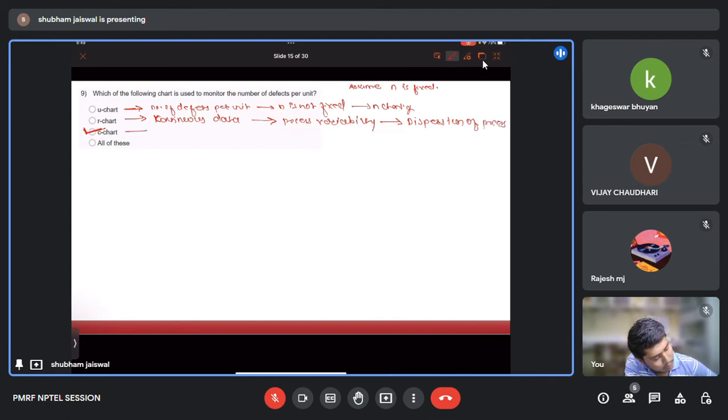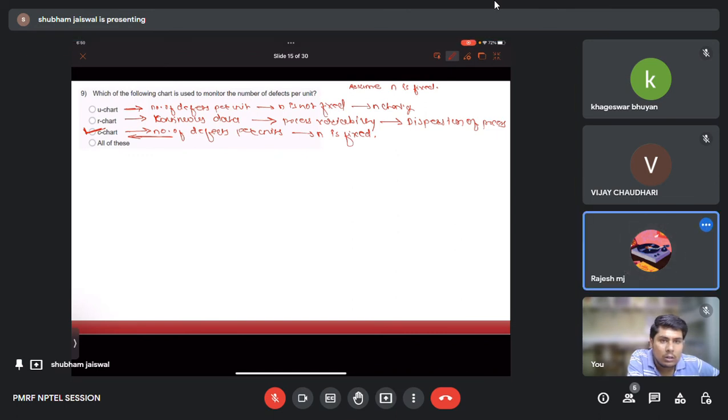The next one is C chart. When do we use C chart? Same as a U chart, but the N is fixed. So the correct answer will be this one, that is C chart.